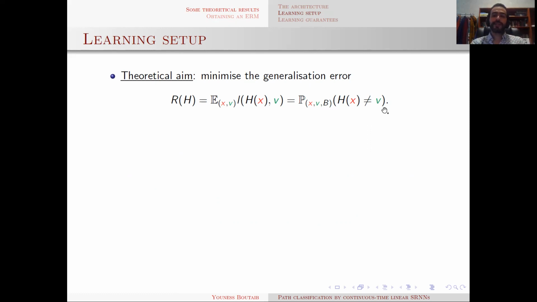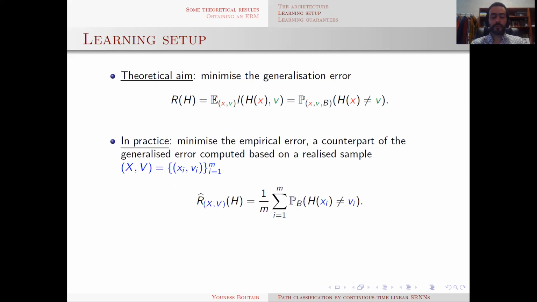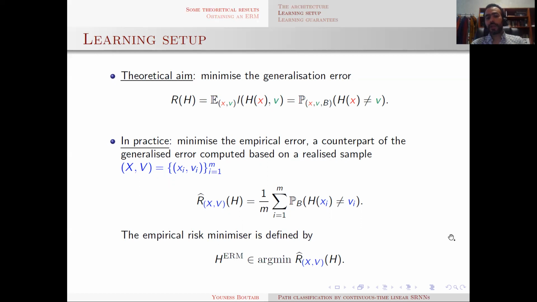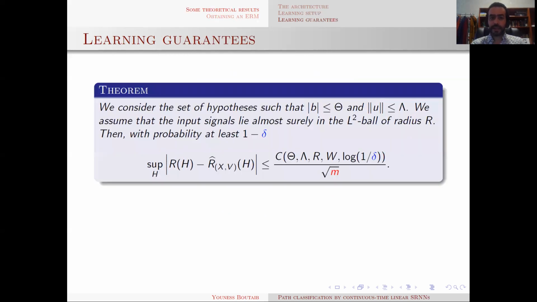So we want to minimize this quantity, but since we are taking a data-centric approach to the problem, we will minimize its empirical counterpart, which is the empirical risk, which we can compute using a sample. And if we find the parameters that minimize this quantity, we will get the hypothesis that is called the empirical risk minimizer. So instead of minimizing the true risk, we are minimizing the empirical risk, and we have to justify that we can do this mathematically.